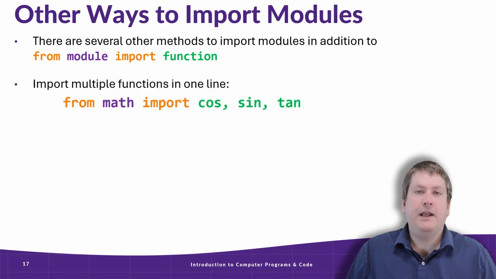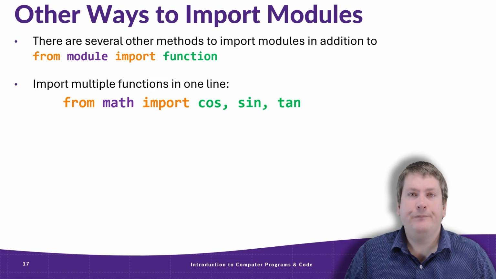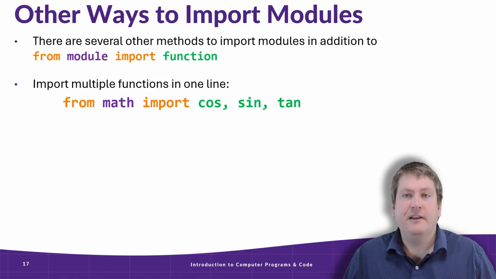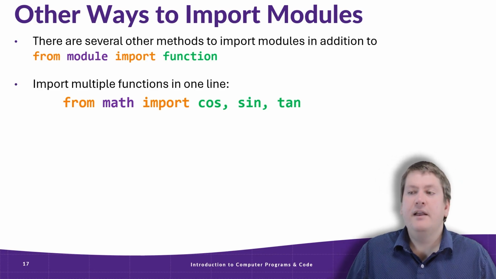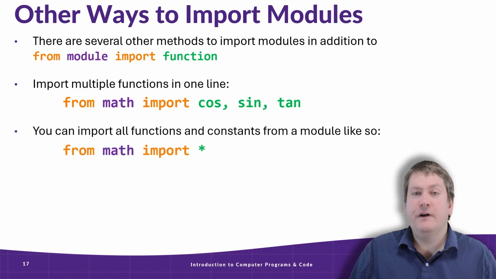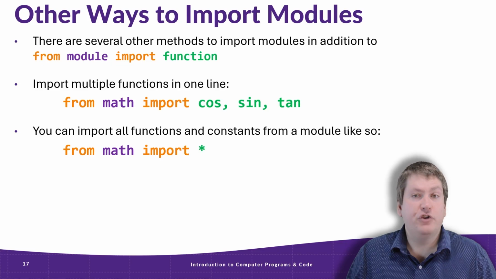What we see on screen right now is an example of importing multiple functions in one line. In this case, instead of just listing the function, we list a list of functions separated by a comma. In this example, the cos, sine, and tan functions would all be imported from the module math. We can also import all functions in a module at once by using an asterisk rather than a list of function names.